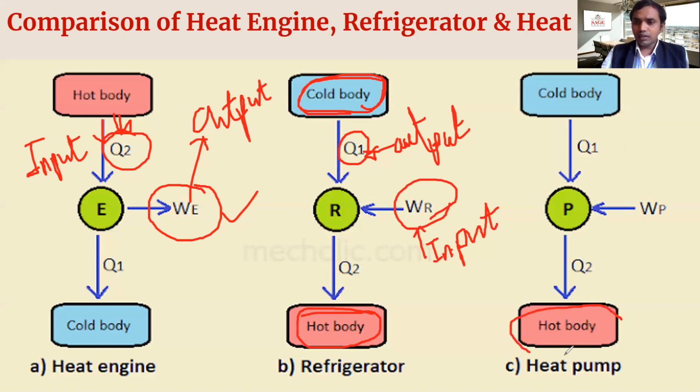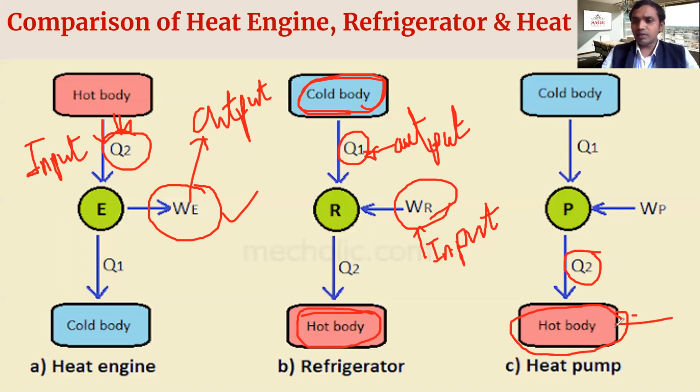By using a particular type of thermodynamic cycle, we extract some heat from the atmosphere which is at lower temperature, and that heat is rejected to a particular space where we want to add some heat.